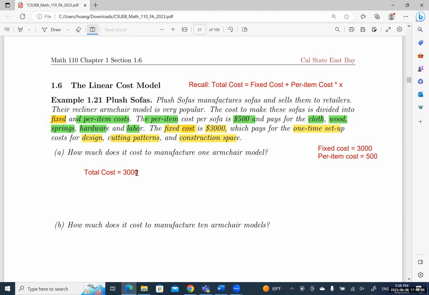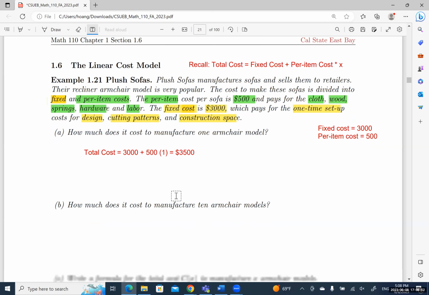So total cost will be 3,000 plus 500 times X, and I mean total cost, let's write C of X. Actually, I don't want to write the model first. I'm just gonna write it with only one, because we have only one armchair made. So that's gonna be $3,500 total. All right.